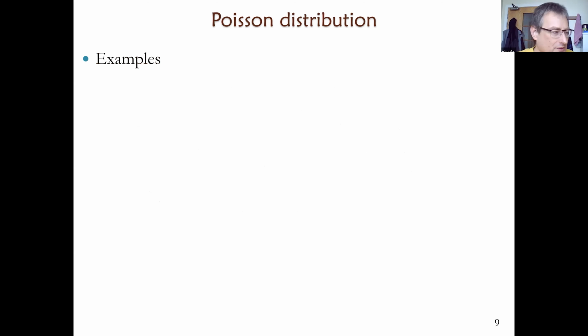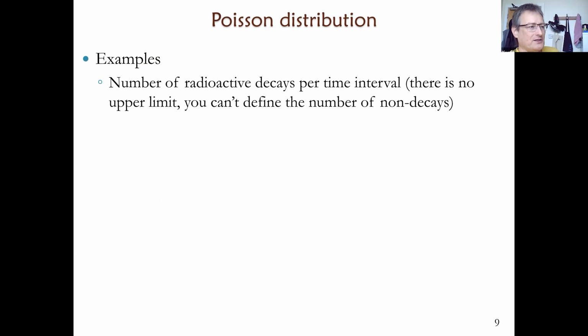Some examples: the number of radioactive decays per time interval. You can't count the non-decays, you can only count the decays.